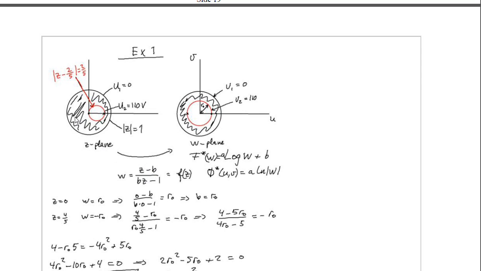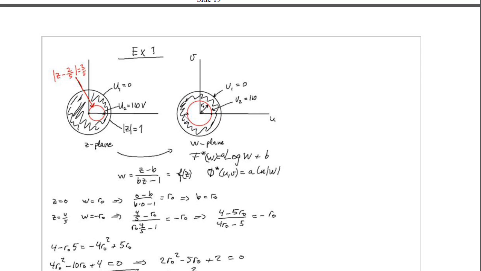So having real values of b, we see that any point on the real axis, that's when z is a real number, will be mapped onto this region D star, somewhere on the real line.